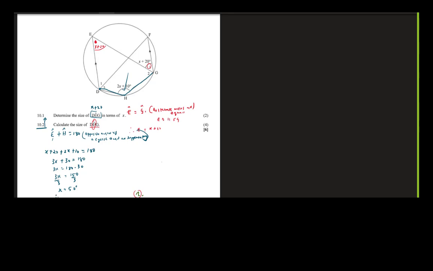Angle H in DHG is 2 times 50 plus 10, which is 110. So how much is angle E? The size of angle E? Good, 70. Good, good.